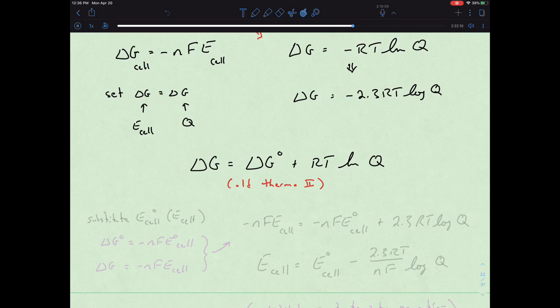So now that we have a notion of these delta G's with standard potentials and non-standard potentials, we can now substitute this idea of E cell, with this notion that there is a relationship between those two, right? That delta G is equal to negative NFE, or delta G is equal to negative NFE not at standard state.